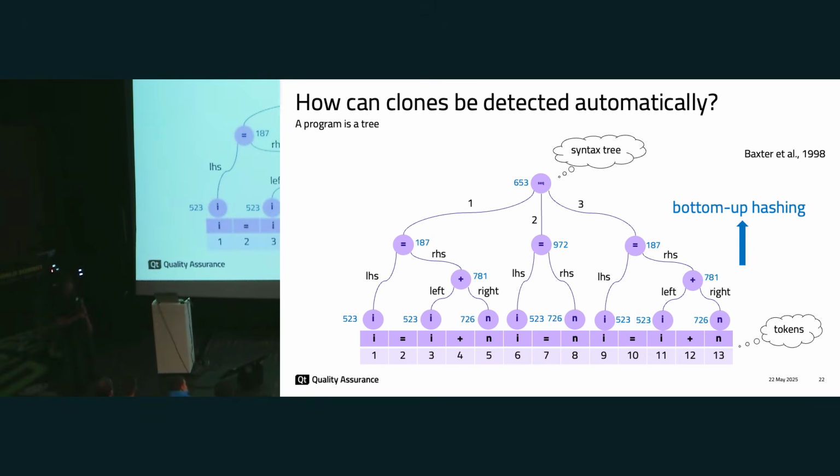And I do that bottom up until I have hashed all the different things. Then I can simply identify common, or actually structurally equivalent, syntax trees by the same hash value. Very simple. There are also extensions that allow you to find type 3 clones in syntax trees, but then this is getting more complicated. But you're getting the idea.